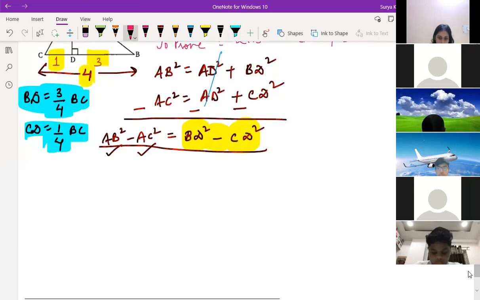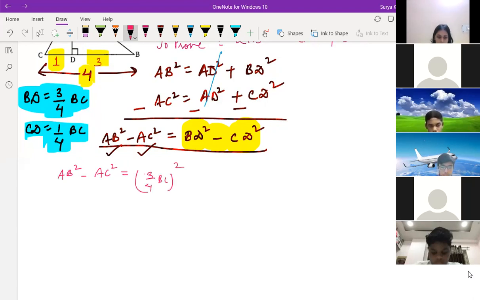Let me try here. BD square is 3 by 4 BC whole square minus 1 by 4 BC whole square. 9 BC square by 16 minus 1 by 16 BC square.